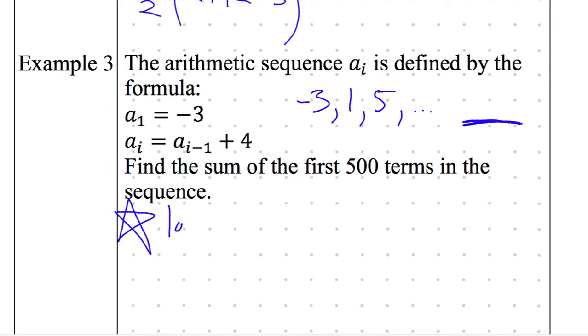So last value is going to be equal to first. What was our first value that we got? It'll be -3. And then I'm going to add what I'll call the common difference, abbreviated CD.